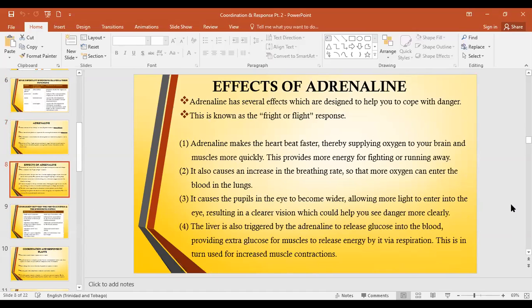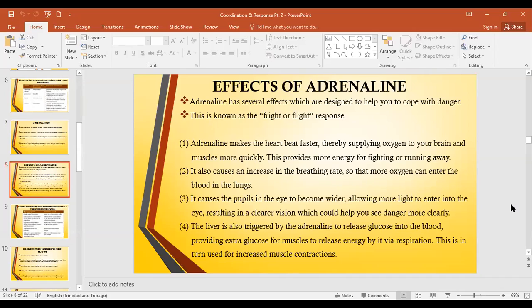The name of the effect is the fright or flight response, and it's how you respond in imminent danger, when you sense that you are in danger. Adrenaline will make your heart beat faster, causing your breathing rate to increase for more oxygen and more blood, so that respiration could occur at a faster rate in order for you to escape.